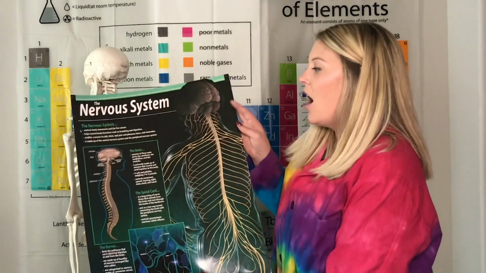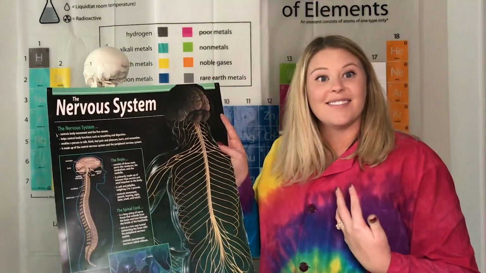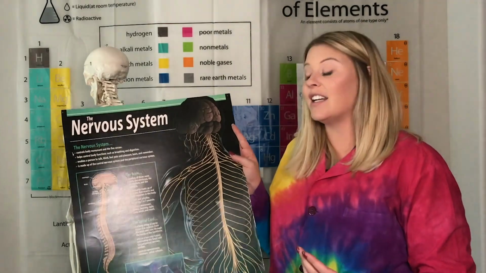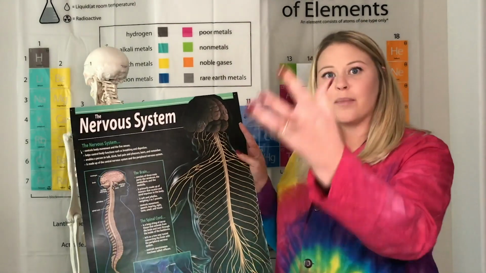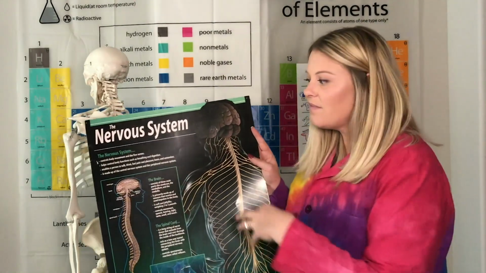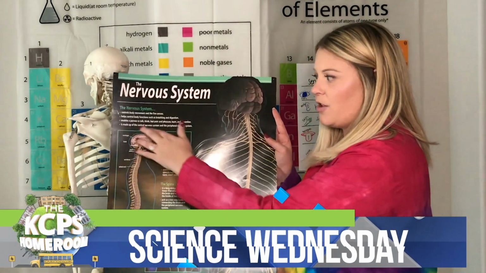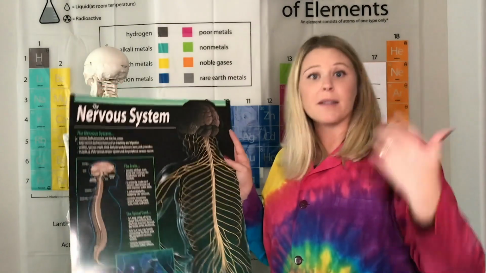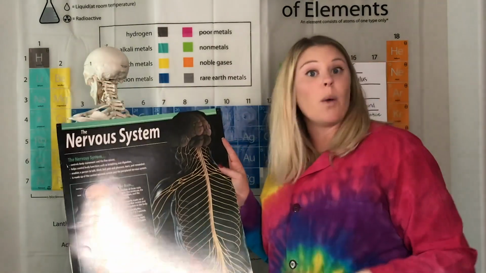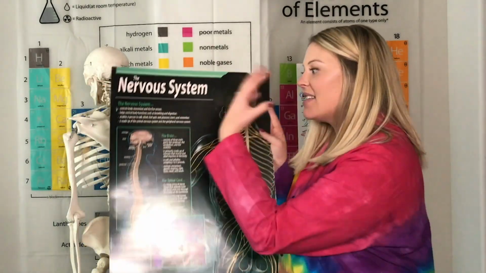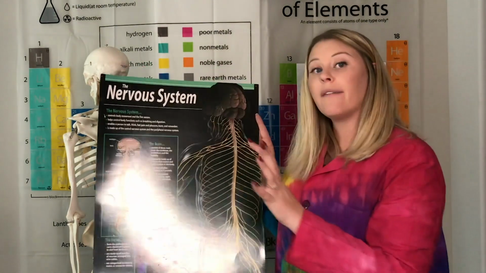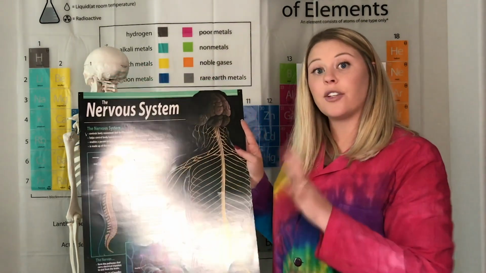So, something happens to our body through one of our five senses, whether it's sight, smell, hearing, taste, or touch. Our body takes it in and sends that to the brain. The brain goes, okay, this is happening to the body, this is what we're going to do in response. And it sends that message all the way down the spinal cord to wherever that message has to go.